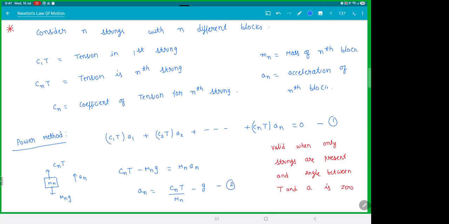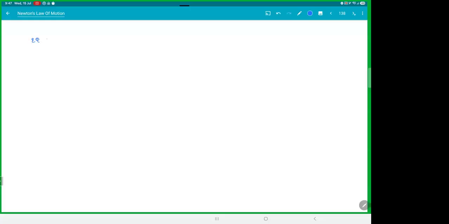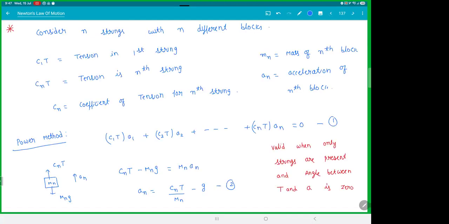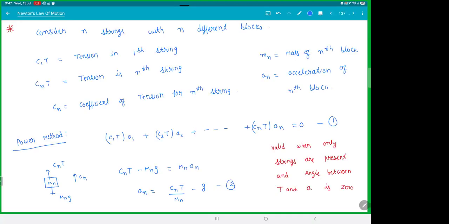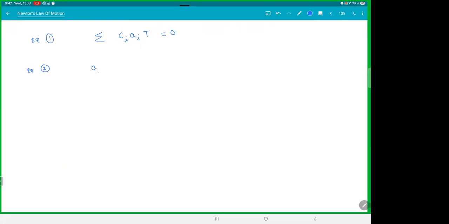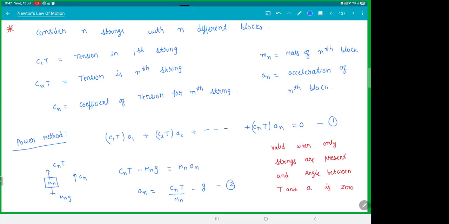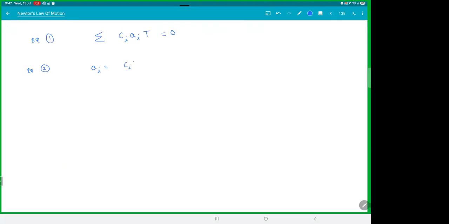Now we take this equation 2 and put it in equation 1. So when you substitute here, equation 1, I can write it as sigma Ci, tension is common anyway. So Ci Ai, tension is 0. And equation 2, what we got was Ai, that's the acceleration of an ith block, is Ci tension by Mi minus G. So take this and put it in this equation.